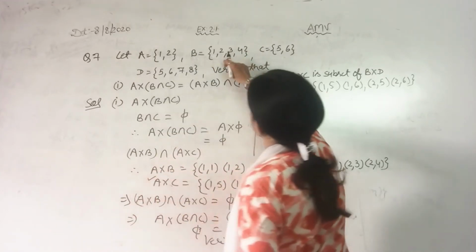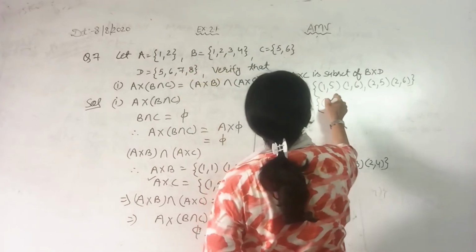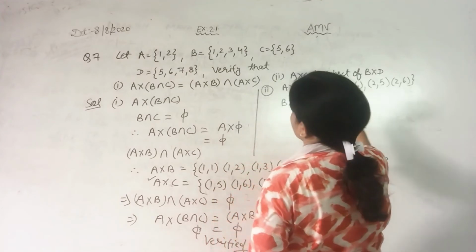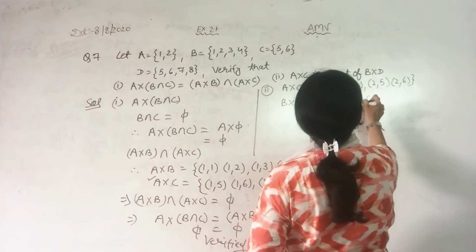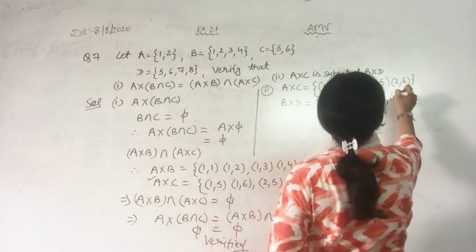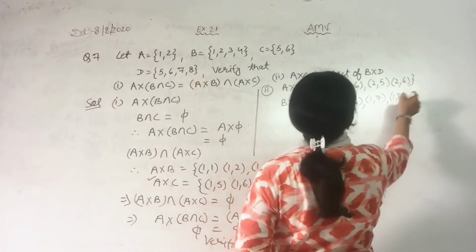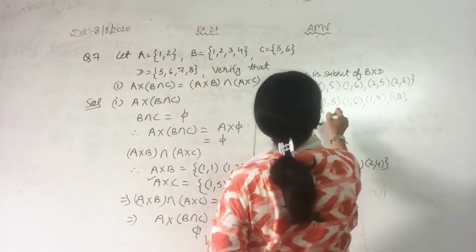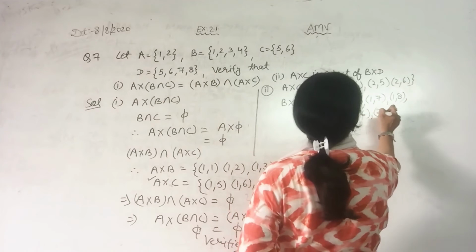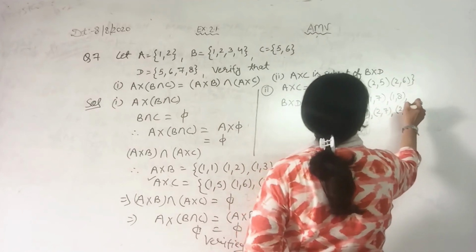Here B is {1, 2, 3, 4} and D is {5, 6, 7, 8}. So it's 1, 5. Write all elements. Here 1, 6. Okay, 1, 7, 1, 8. Next element 2, 5, 2, 6, 2, 7, here 2, 8.